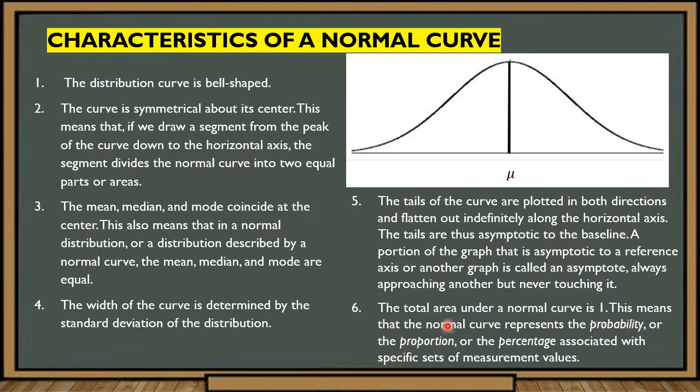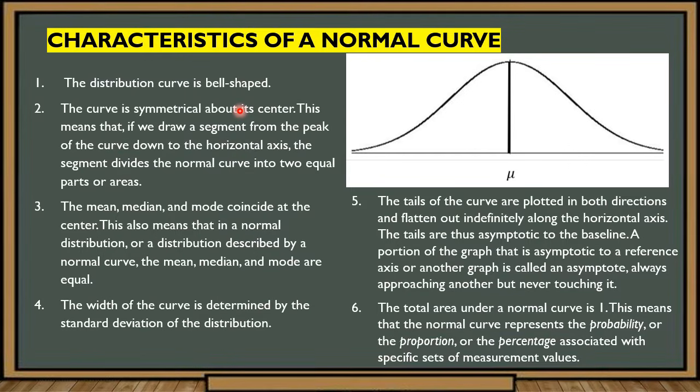This means that the normal curve represents the probability or the proportion or the percentage associated with specific sets of measurement values. So therefore, the total area under the normal curve is 1 or 100%. So that represents the total probability of the normal distribution.